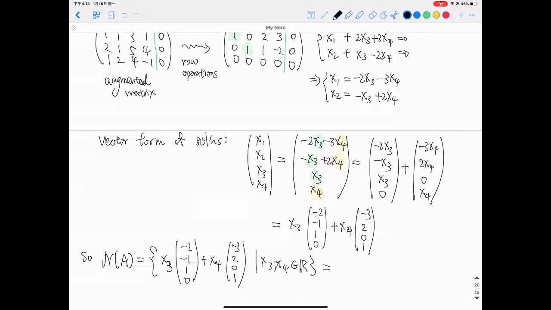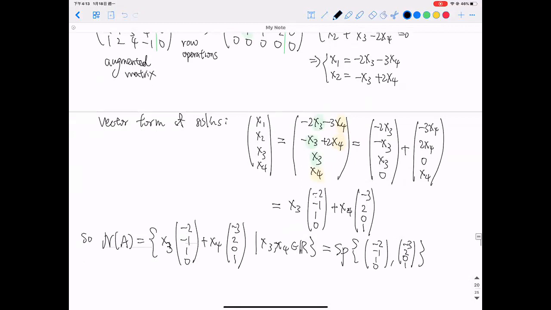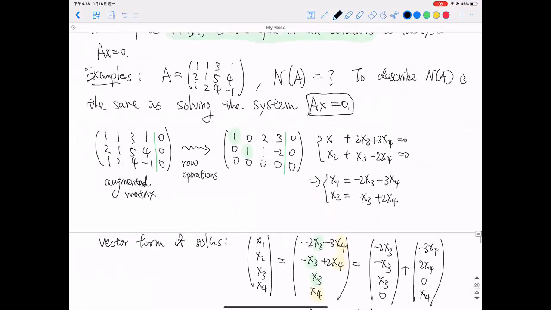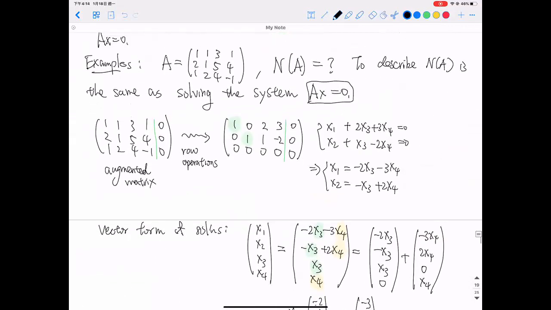And by the way, you recognize that this is the span of the two vectors written here. Okay. All right, so that's one example.